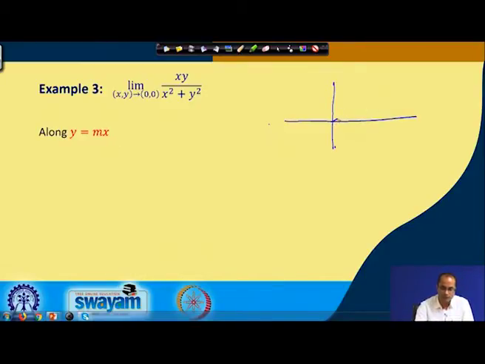So, we are approaching this point along different straight lines. The slopes of these straight lines are different, so m can take any value, and then we are approaching the point (0, 0) along these straight lines.